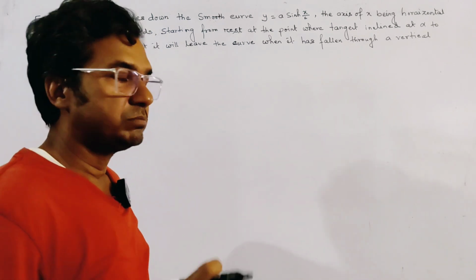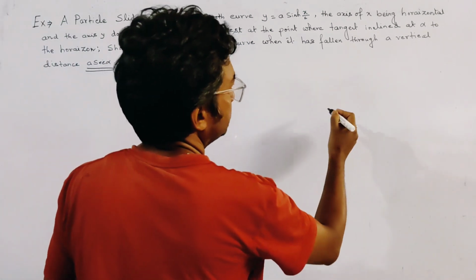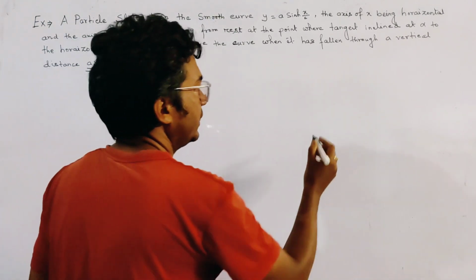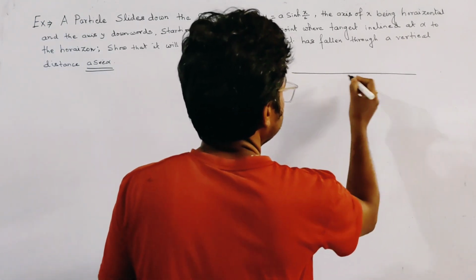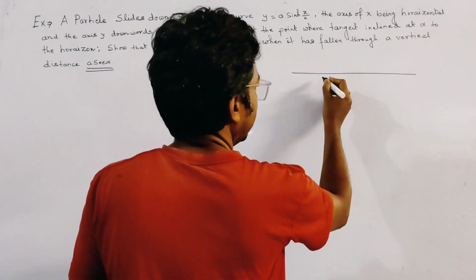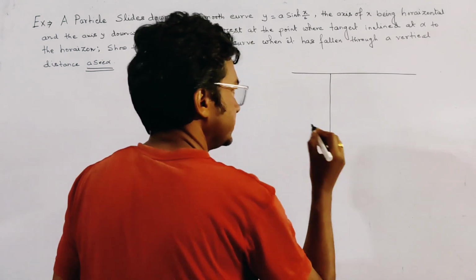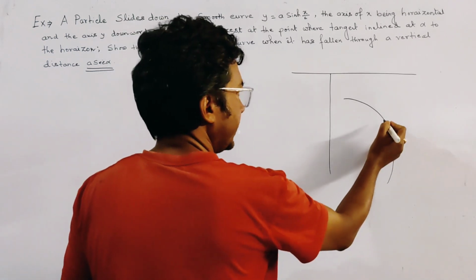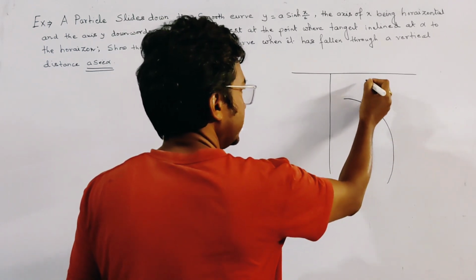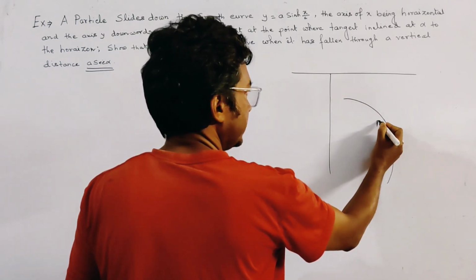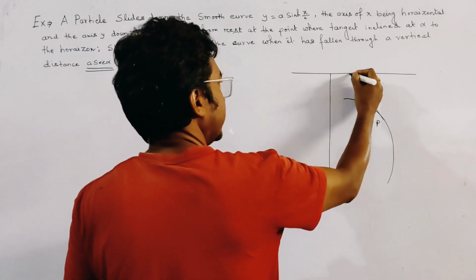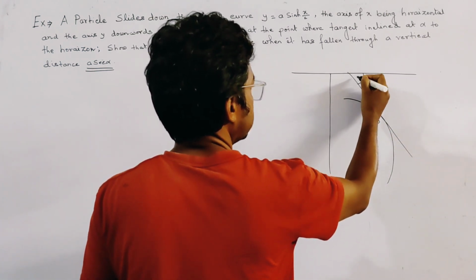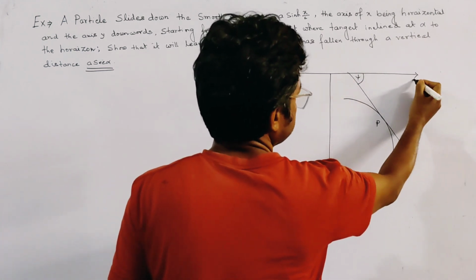Now we sketch a rough picture of this condition. Let this be the x-axis and this the y-axis, and this is the curve. At any time t, the particle is at P, where the tangent makes angle psi with the positive x-axis.